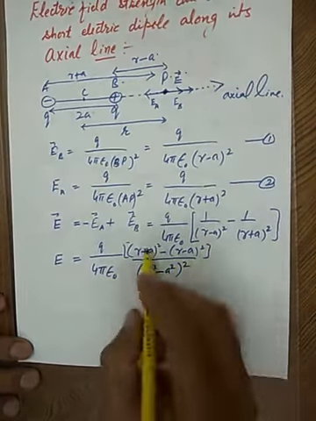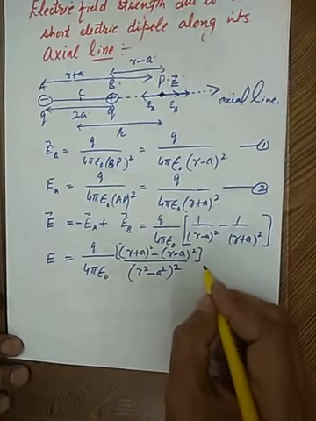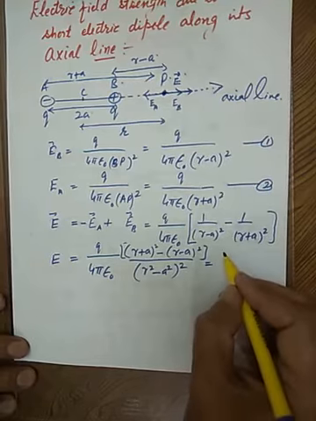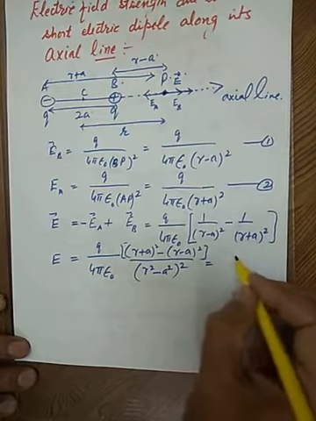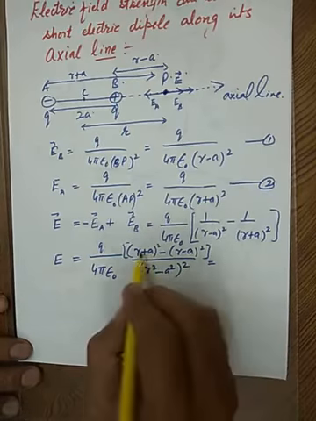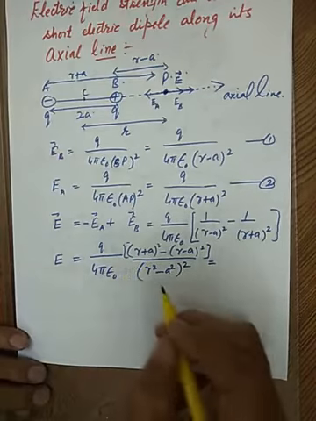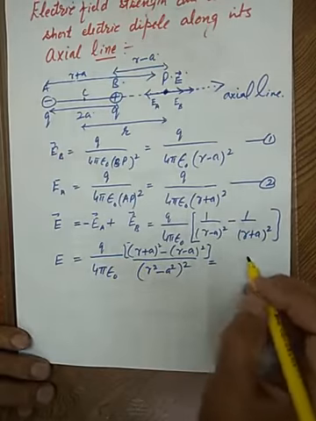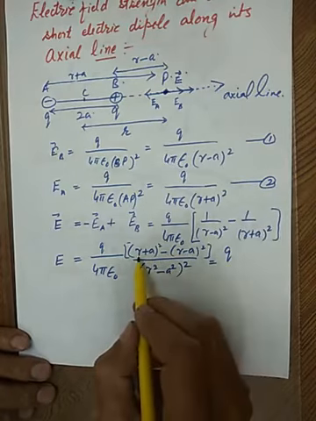When we solve this, first we get q times r squared plus a squared.